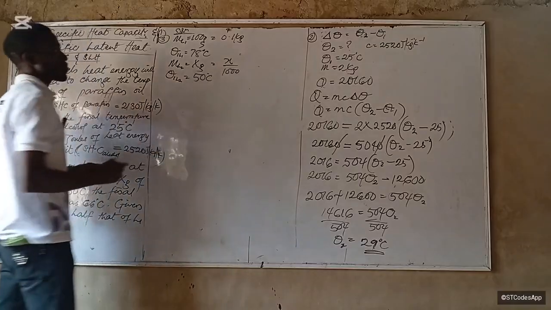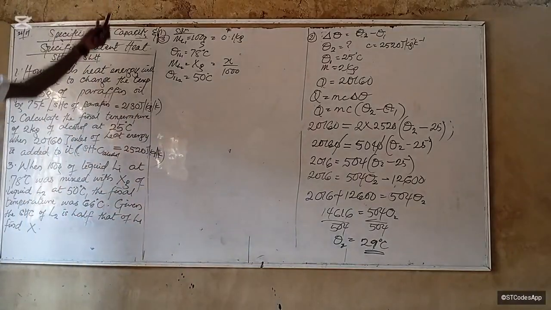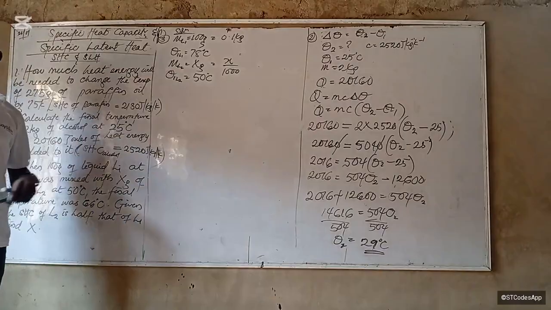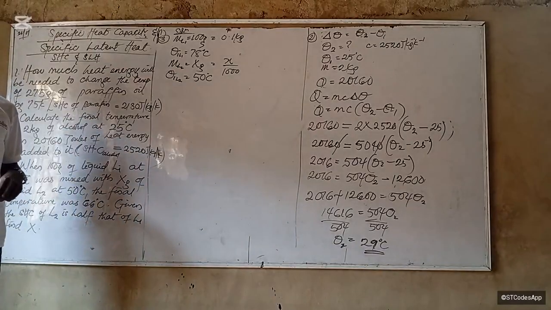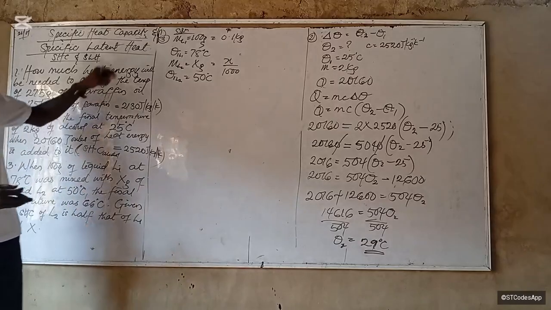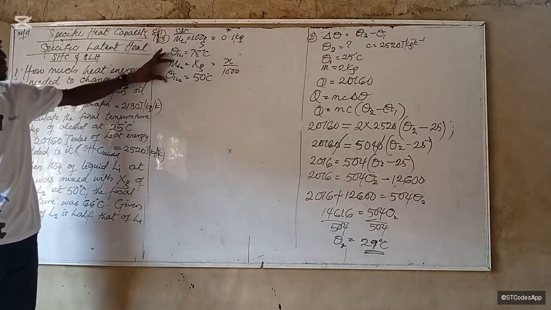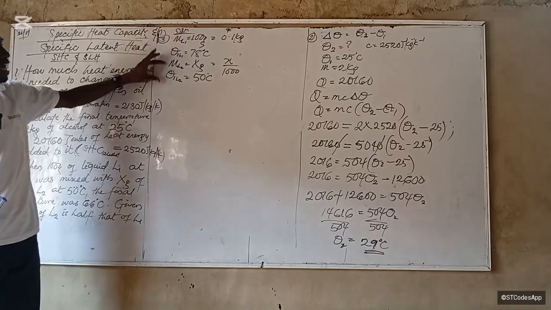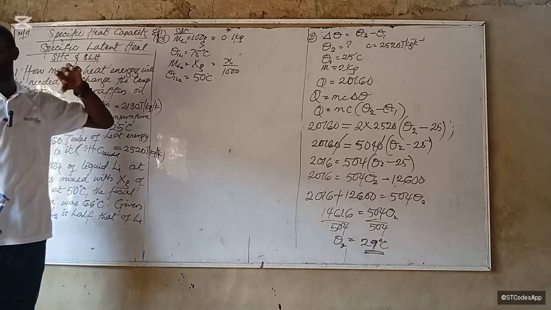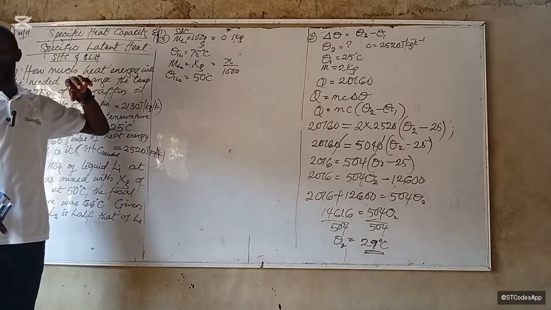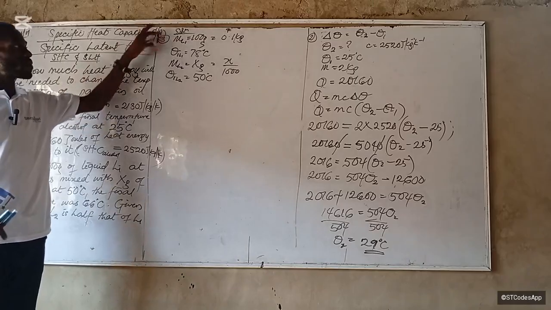So where will heat flow from? Is it from M1 to M2 or from M2 to M1? Which one is hotter between this guy and this guy?